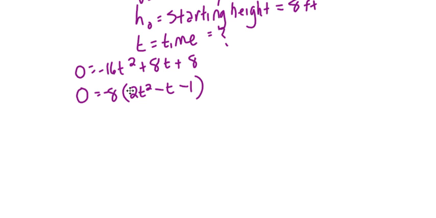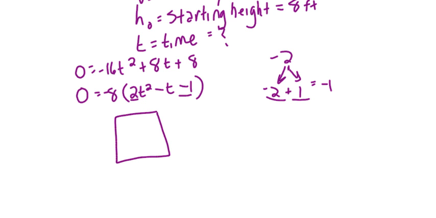So now I'm ready to factor, so I'm going to use the box. I need to find something that multiplies to negative 2 and adds to negative 1. So negative 2 plus 1, right, would give me negative 1. Negative 2 times 1 gives me negative 2. So I make the box.